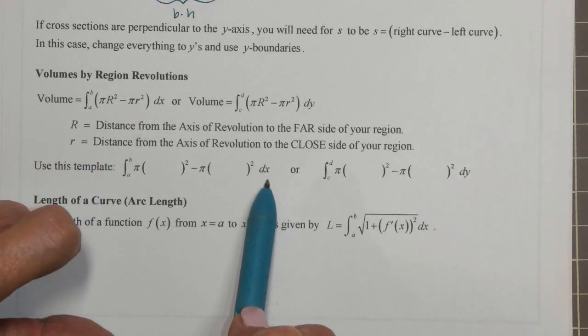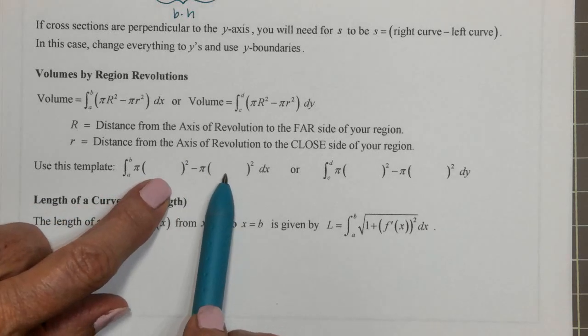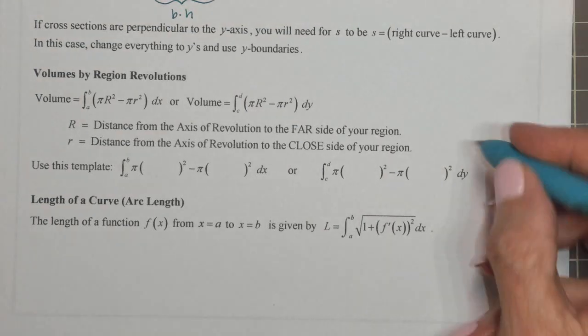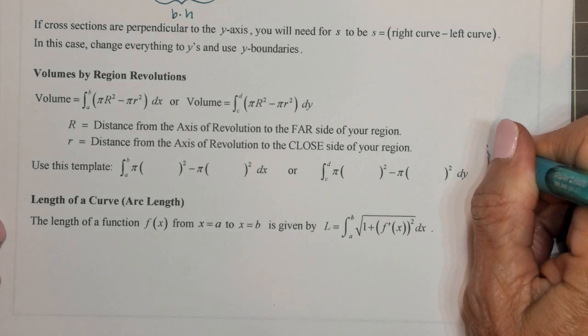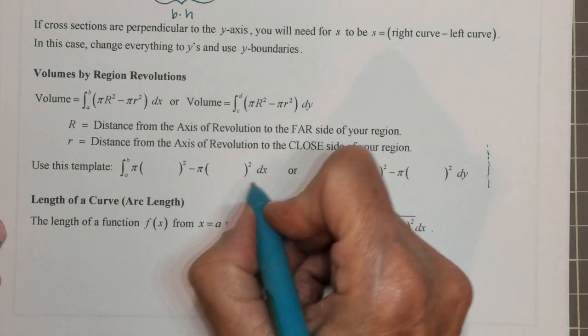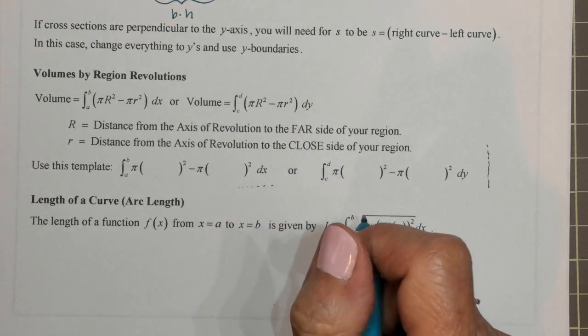If it's a dx, each cross-section is perpendicular to the x-axis. If it's a dy, each cross-section is perpendicular to the y-axis. So for a dy, all of your axes of revolution will be vertical. For a dx, all of your axes of revolution will be horizontal.